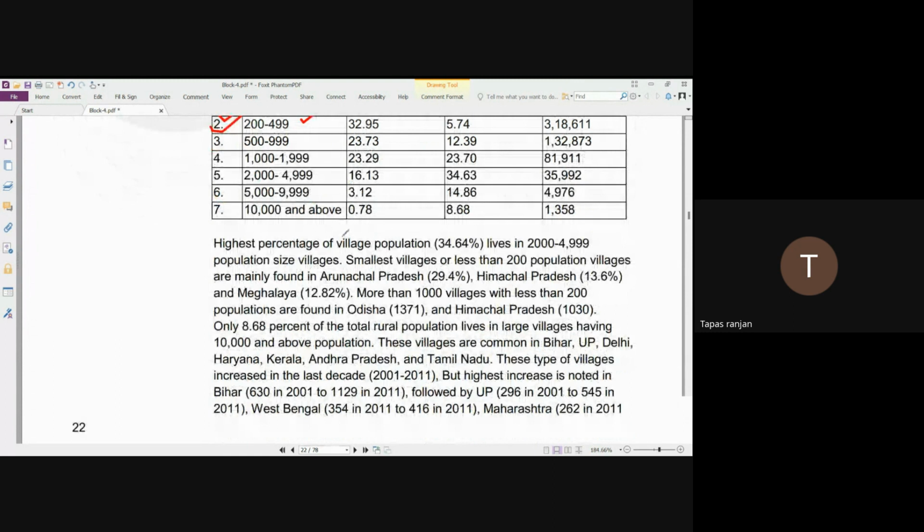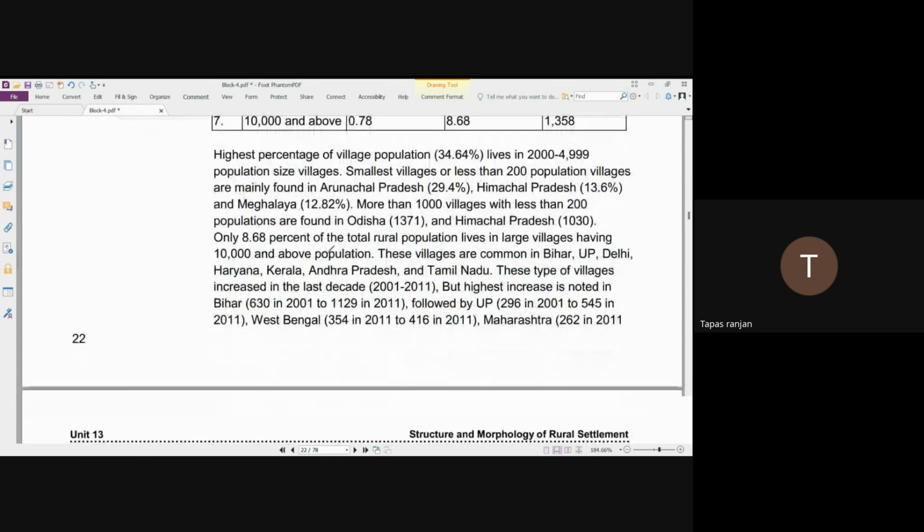Now just hypothetically think, in Rajasthan you may see the different villages are having a very low population size. So if we take into account the UP villages, the UP villages will be inhabited by a very large population size. Okay, so that is the spatial variation here.